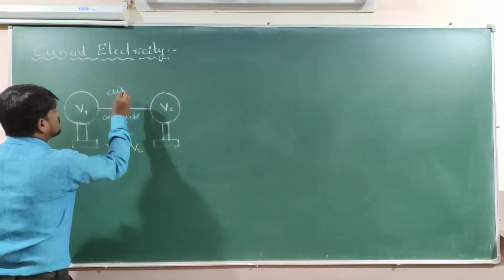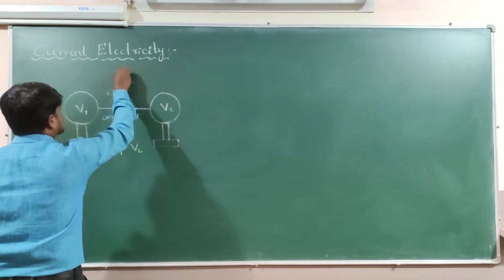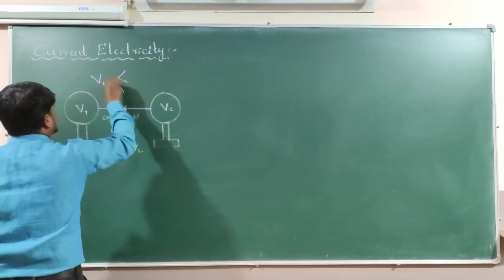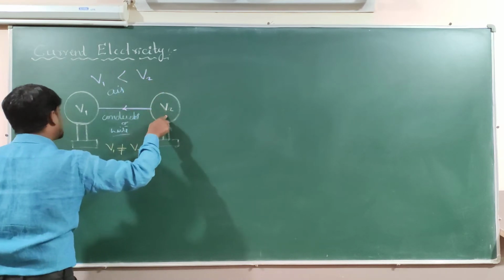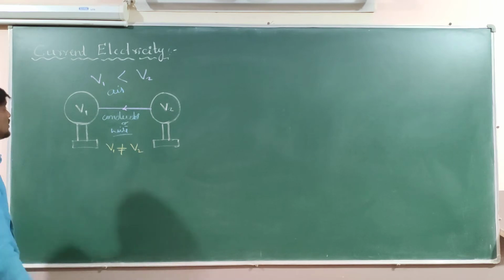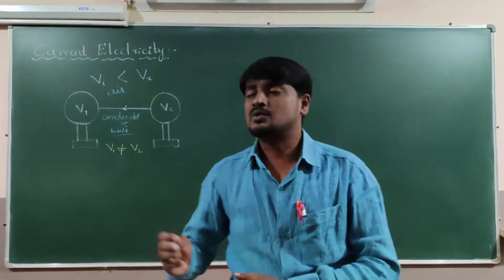Let me take V2 is high, V1 is very less. V1 is here, V2 is here. If the potential of metal sphere 2 is higher than the potential of sphere 1, then there is a flow of charges from one place to another place.